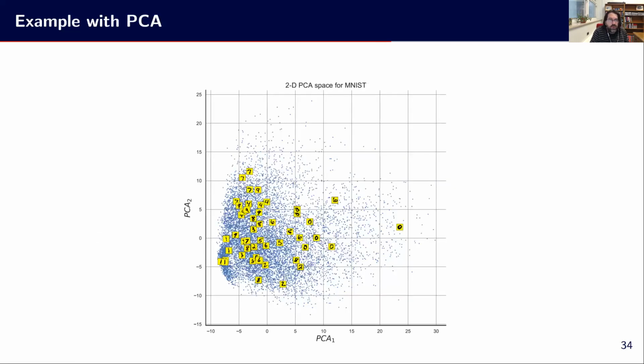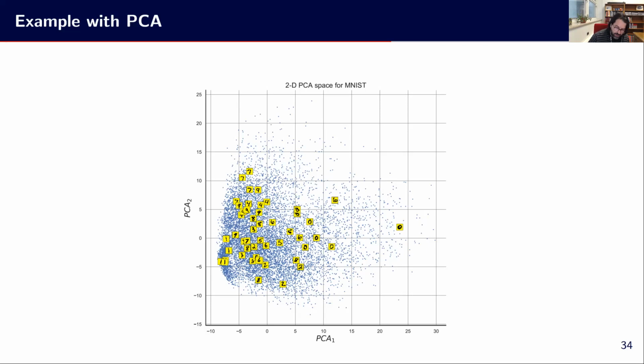So here's an example of PCA in 2D. We are mapping MNIST, which is in 700 and something feature dimensions at first, with the grayscale pixels, into two dimensions. So this is a drastic compression, but that's really good for visualization. And now we just superpose the real images in there.